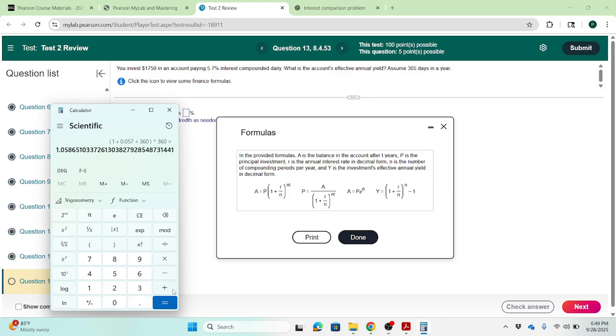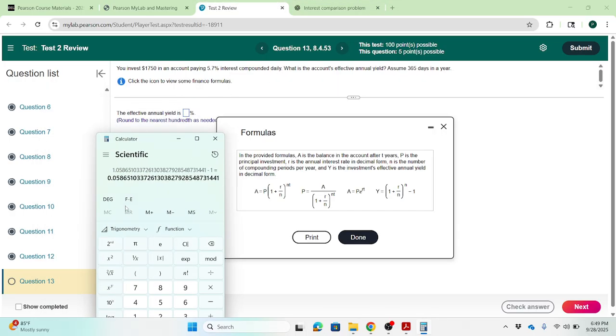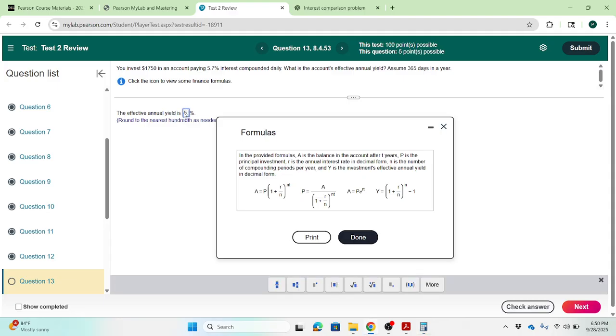So just hit that number minus 1, and that is the effective annual yield. If you want to convert that into a percentage, move the decimal 2 digits to the right. That would be 5.865 percent. Round to the nearest hundredth. That means 5.87, because there is a 5 after the 6, so you have to round up. That's 5.87.